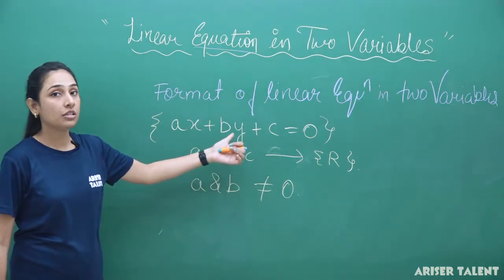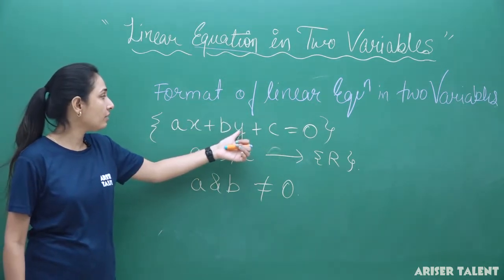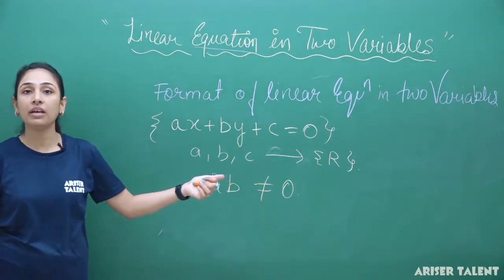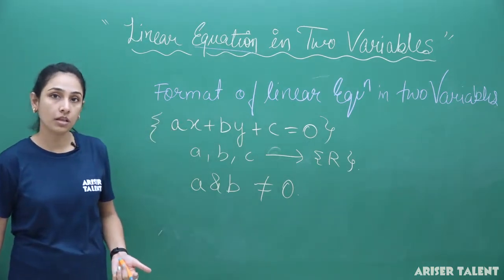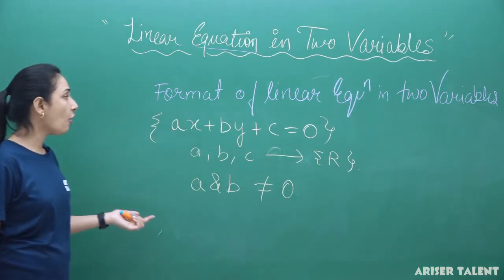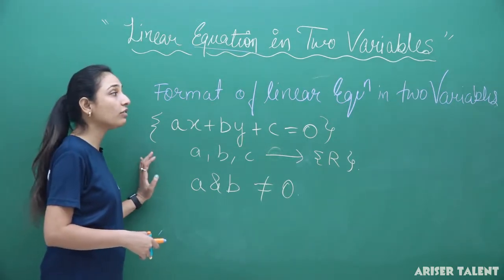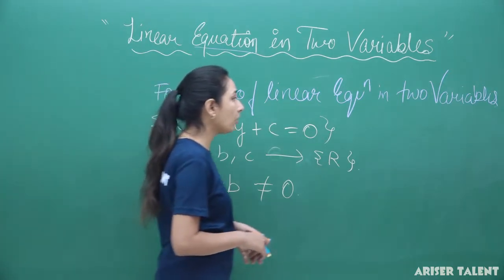Similarly, if b is 0, we remain with x plus c equals 0, which is again only one variable. That would be a linear equation, but in only one variable. So these are the conditions for the format of linear equation in two variables.